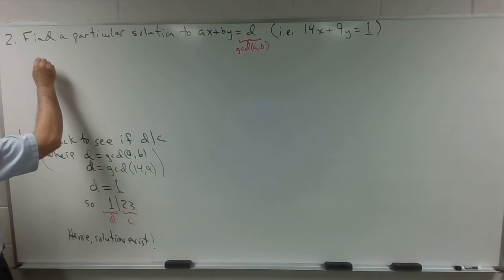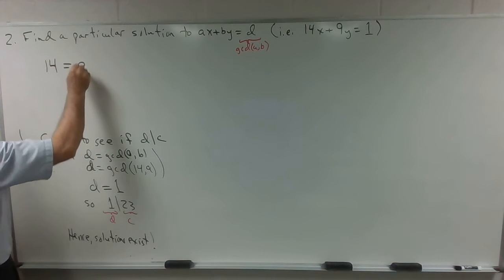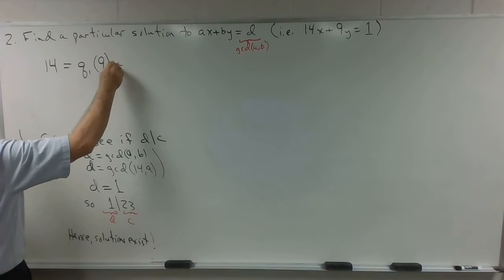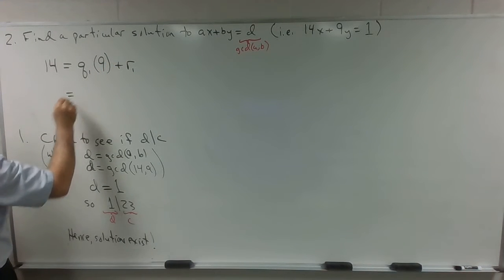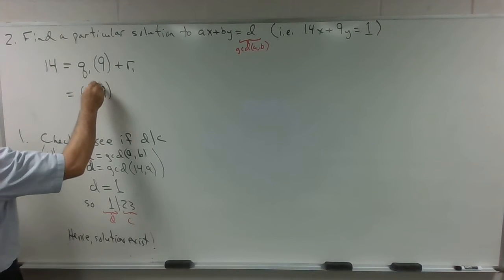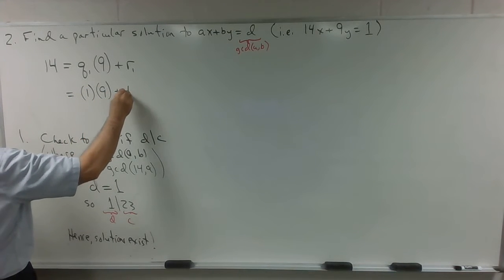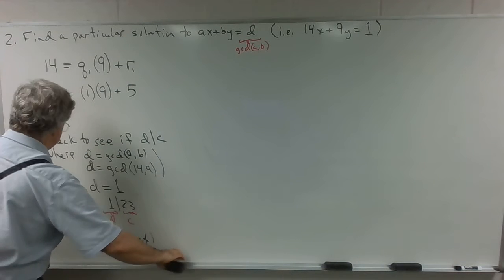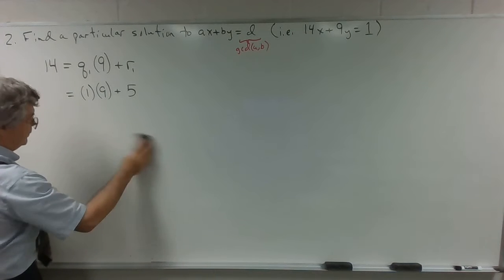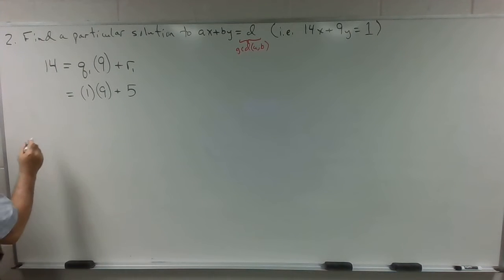So we set it up this way. a equals quotient times divisor plus remainder. And that is 14 equals 1 times 9 plus remainder of 5. Now, remember what we do.